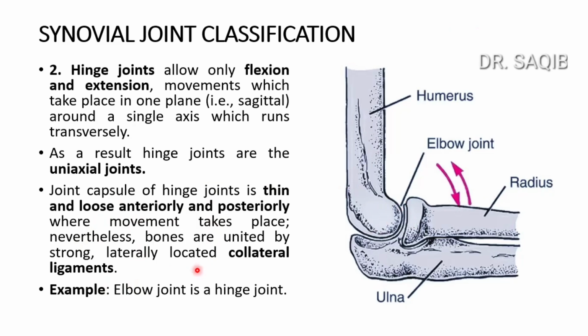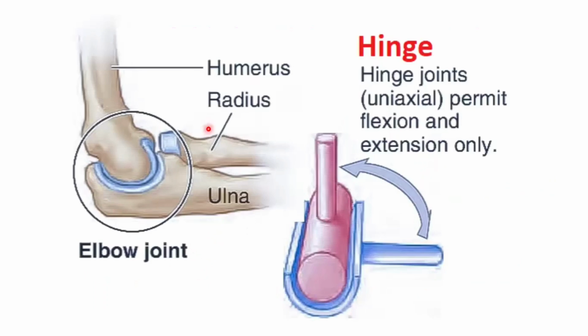Only flexion and extension take place, no other movement. This is the hinge elaborated more, right? You could see this is the humerus, the arm bone, and this is the ulna and radius, the forearm bones. They make a joint here, the elbow joint. This is the hinge representation in a schematic diagram.